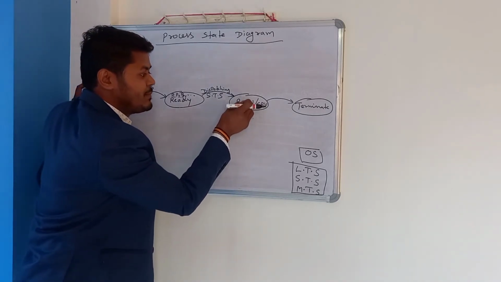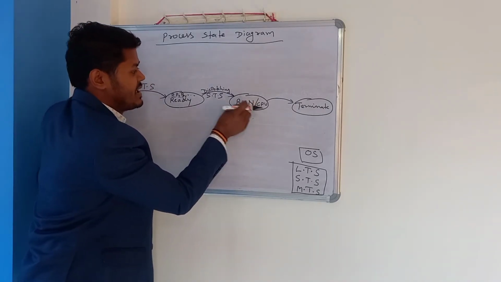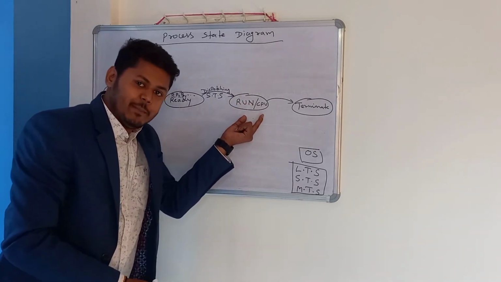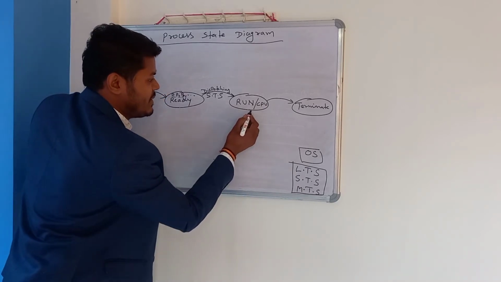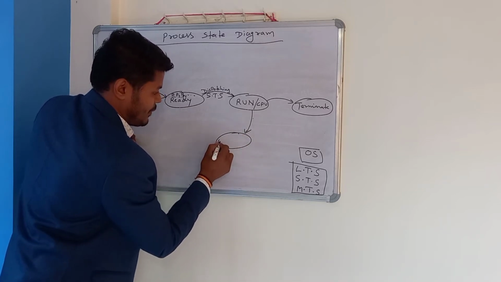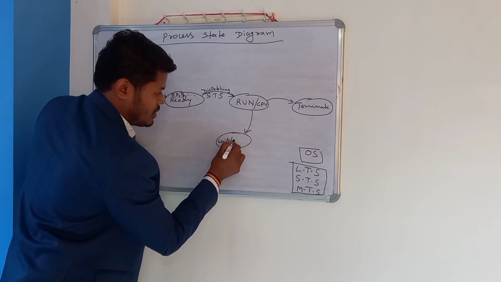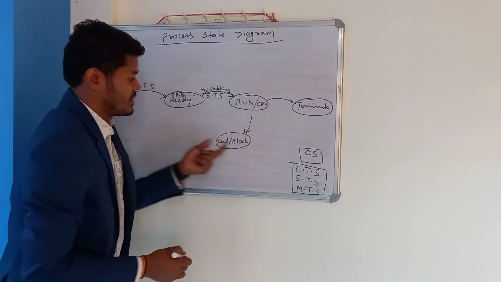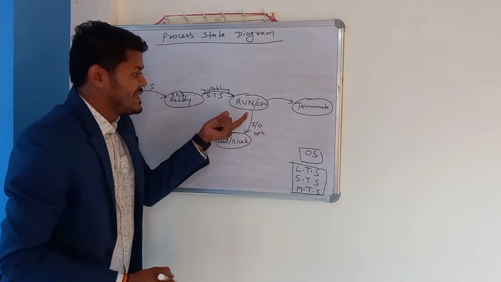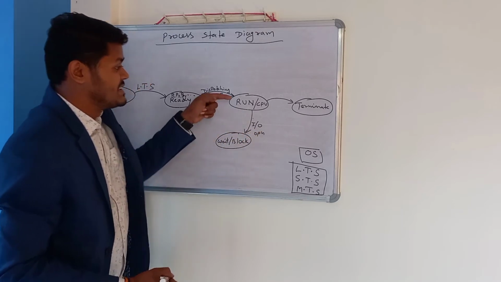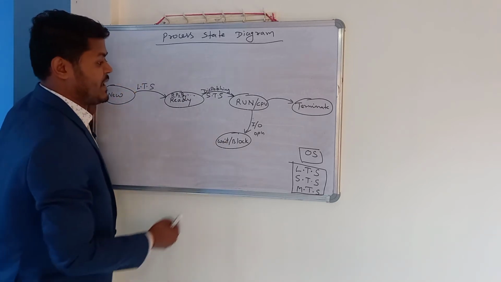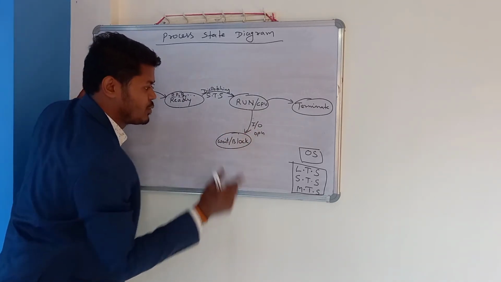If in between the execution, a process running in the run state requires an input output operation, then it will be moved from run state to the wait or block state for input output operation, and it will perform its input output operation.